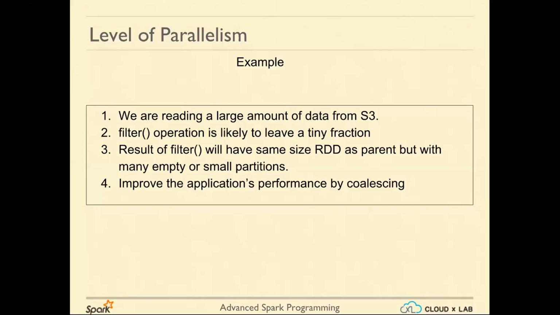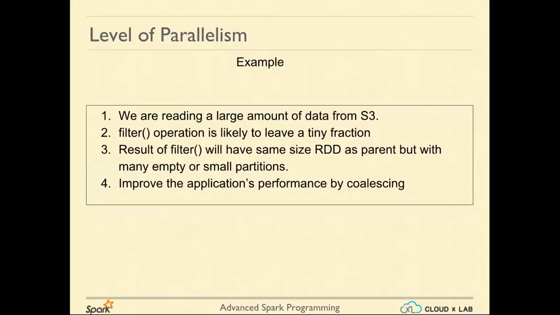Then the result of the filter will have the same number of partitions as the parent, but many partitions will be empty, or very small. Now you can improve the application's performance by using coalesce, and that's why sometimes you might have to bring down the number of partitions to a small number.